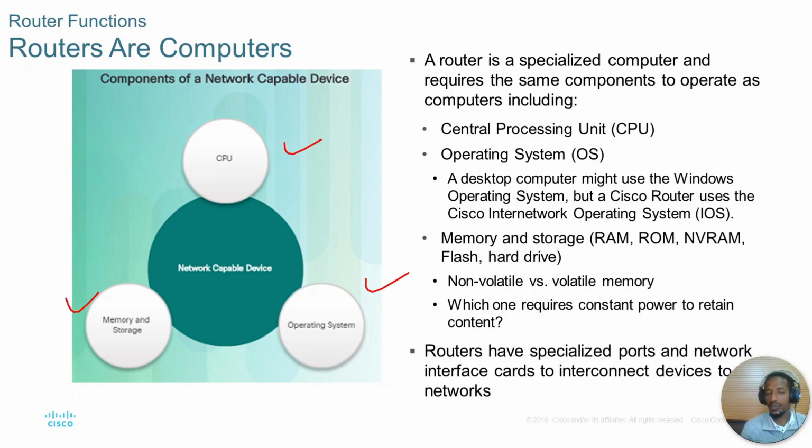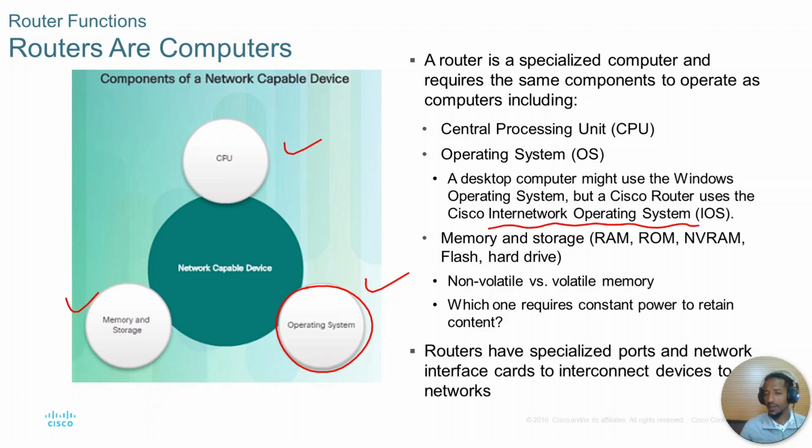These are the three important hardware components included in PCs. Similar to that, routers have these components also. The main difference is that the operating system for the router is called an internetwork operating system.